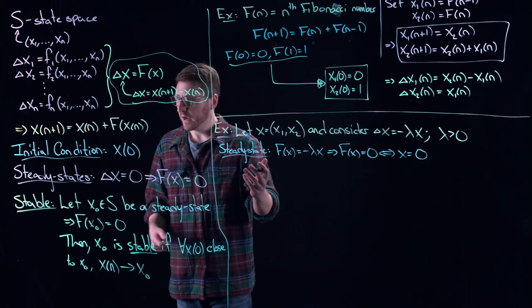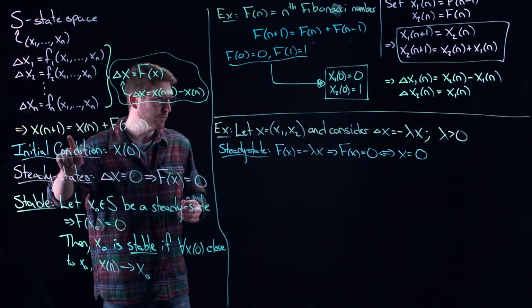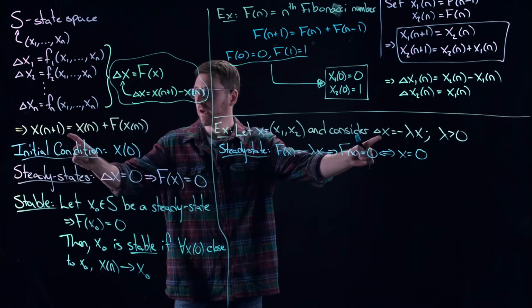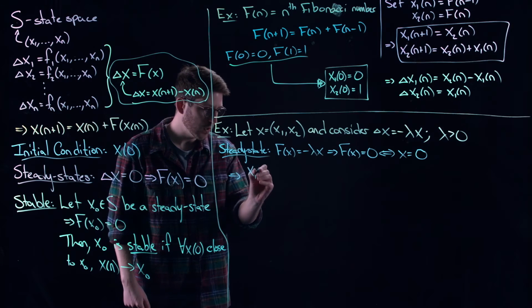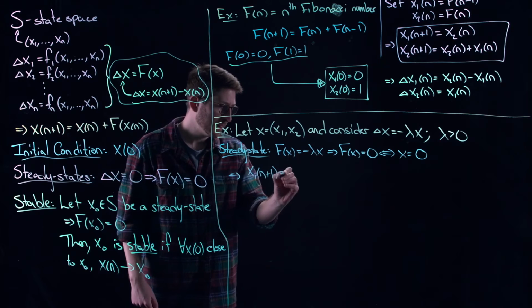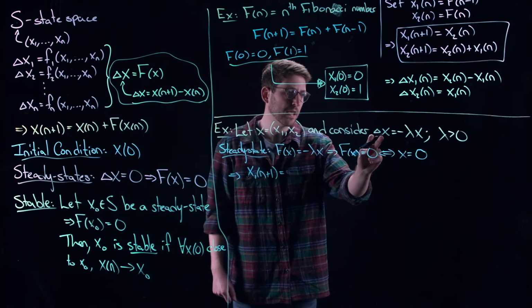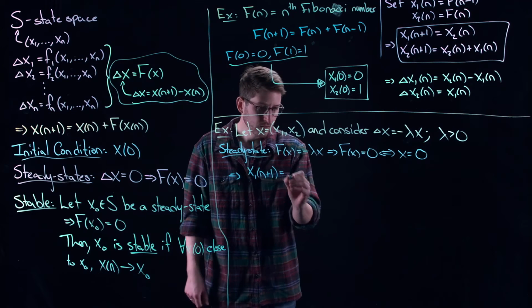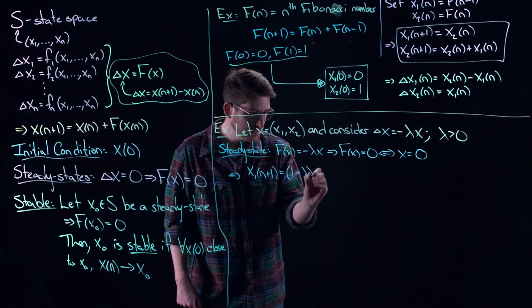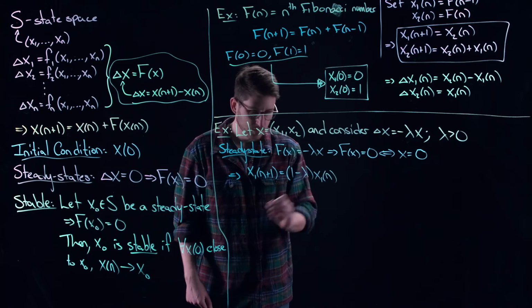Well, let's expand out our change and write it as an update, okay? So now our system becomes x1 of n plus 1 is equal to, so I take the x1 onto the other side, and I get 1 minus lambda times x1 of n.